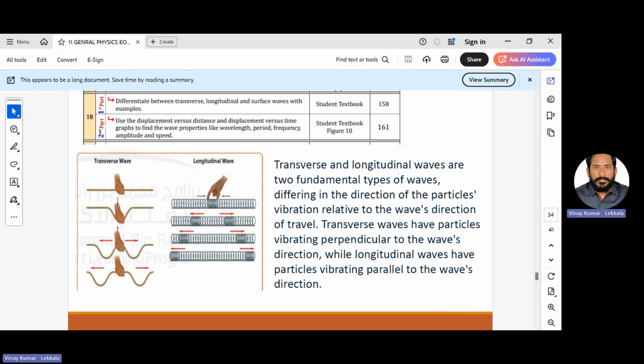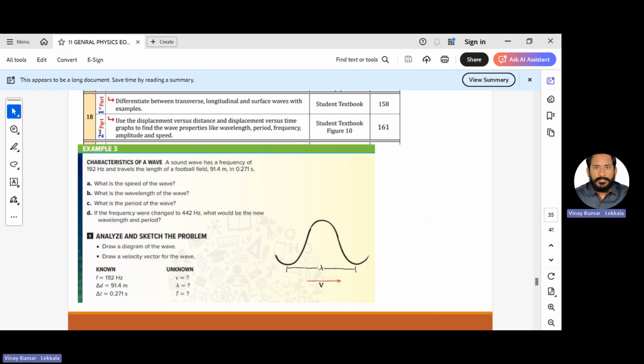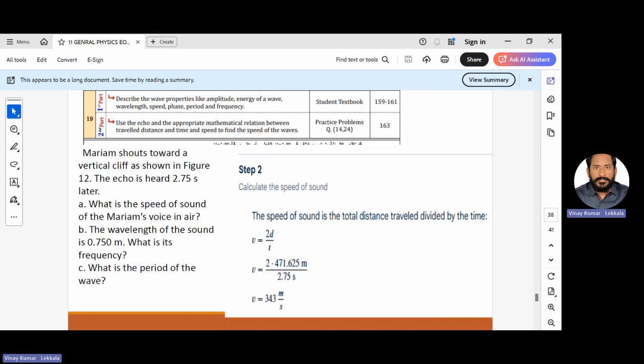Suppose the wave is moving from left to right, the vibration of the particles will be perpendicular to that. Whereas in longitudinal waves, the vibration of the particles will be parallel, along the line of the wave. So just the mode of vibration differs. Examples of transverse waves are electromagnetic waves, whereas longitudinal waves are sound waves. So this is about the 18th question.